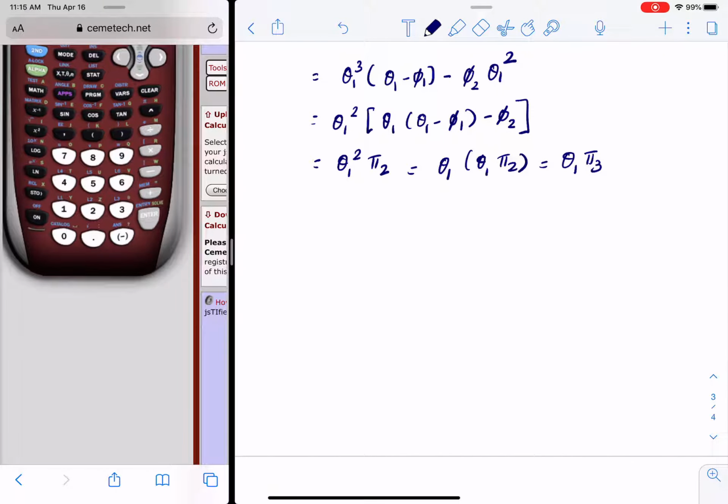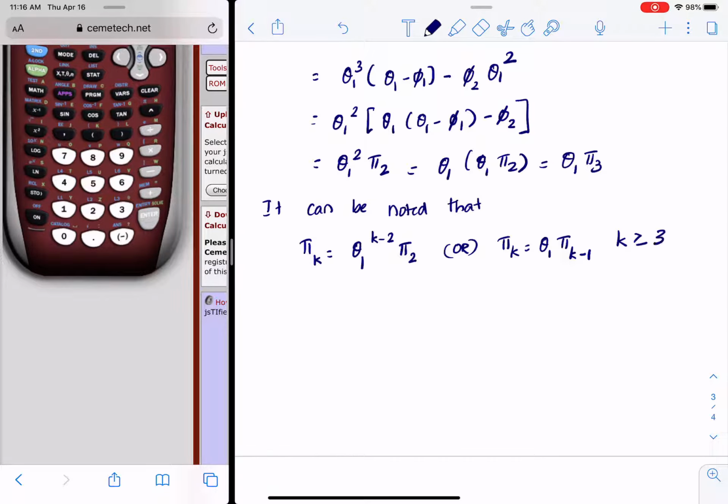So if we use induction, it can be noted that pi k would simply equal theta 1 raised k minus 2 times pi 2, or we could write pi k to be equal to theta 1 times pi k minus 1, provided k is greater than or equal to 3.